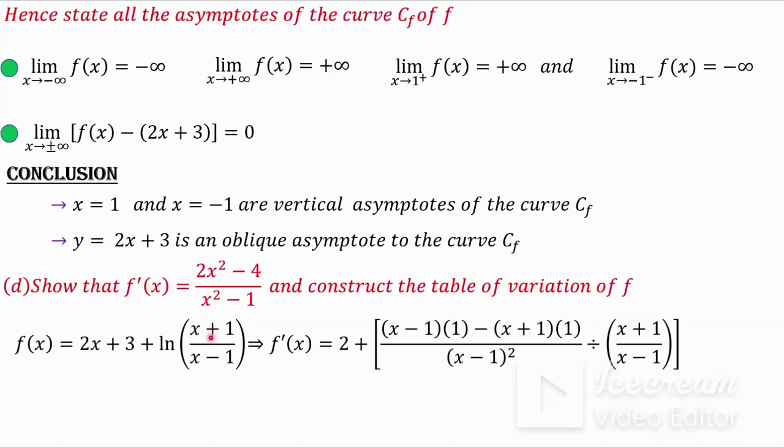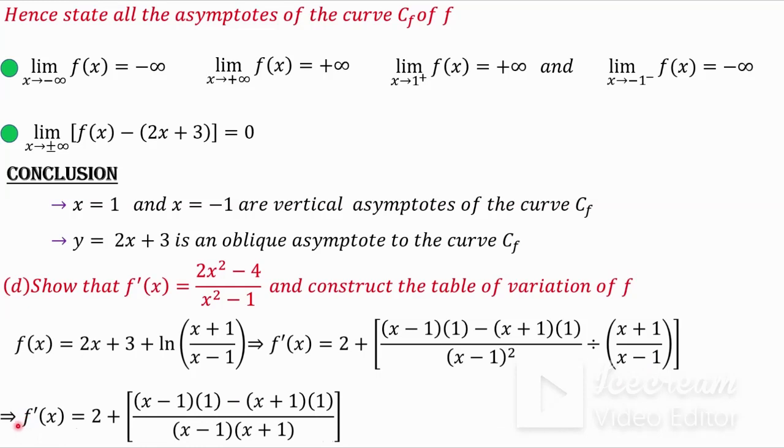To differentiate what is inside, you simply apply the quotient rule, that is u prime v minus u v prime divided by v squared, where u is the numerator and v is the denominator. Applying it, we obtain x minus 1 times 1 minus x plus 1 times 1, divided by x minus 1 squared, then divided by the same interior term, x plus 1 divided by x minus 1.